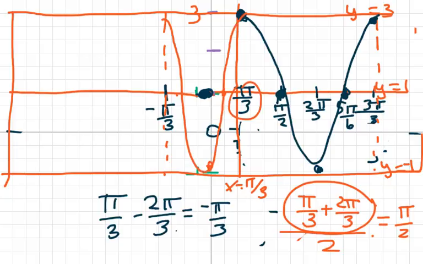I should have moved this guy over a little bit more because I had this part spread out more than this. And again, you're supposed to take midpoints here, but you should know between 0 and pi over 3 is pi over 6. So this would be negative pi over 6. Okay. It's a mess, but that's the cosine function.